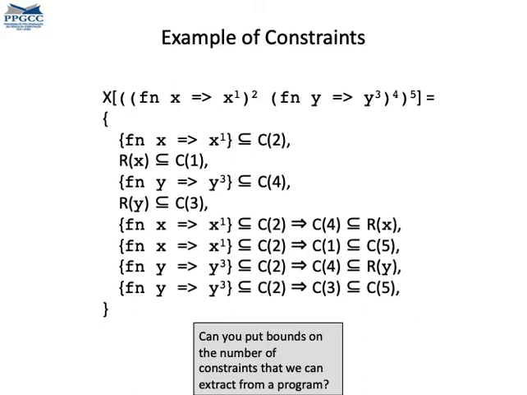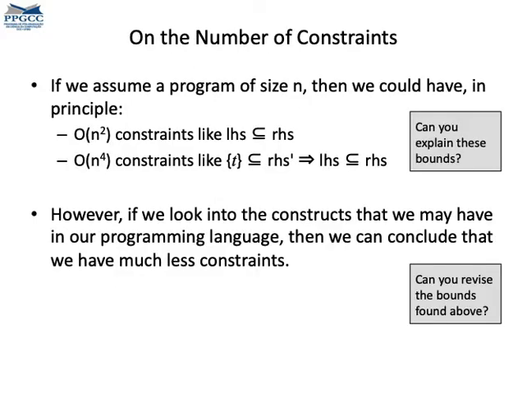By the way, can you imagine how many constraints could be produced per program? If we just look into the conditional constraints, then they give us n to the 4th constraints, where n is the size of the program. That kind of constraint has 4 parts that can be replaced with variables: 1, 2, 3, and 4.